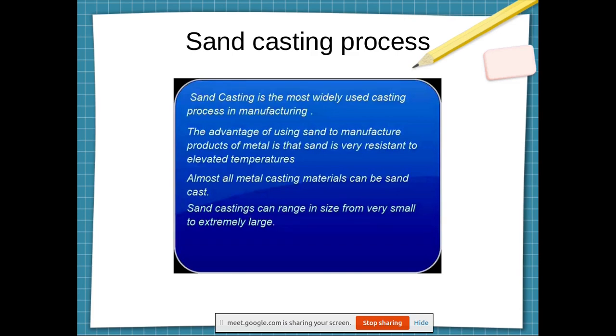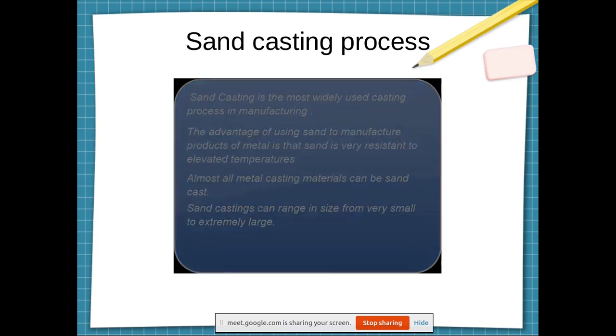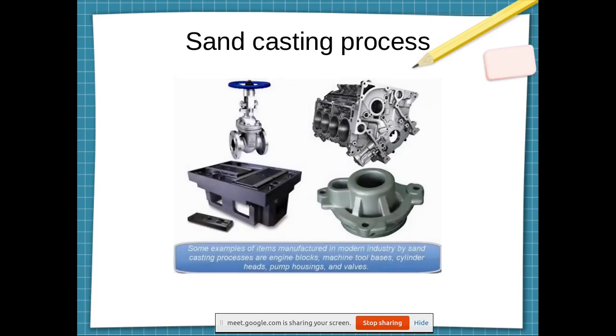Sand castings can range in size from very small to extremely large. Some examples of items manufactured in modern industry by sand casting process are engine blocks, machine tool bases, cylinder heads, pump housings and valves.